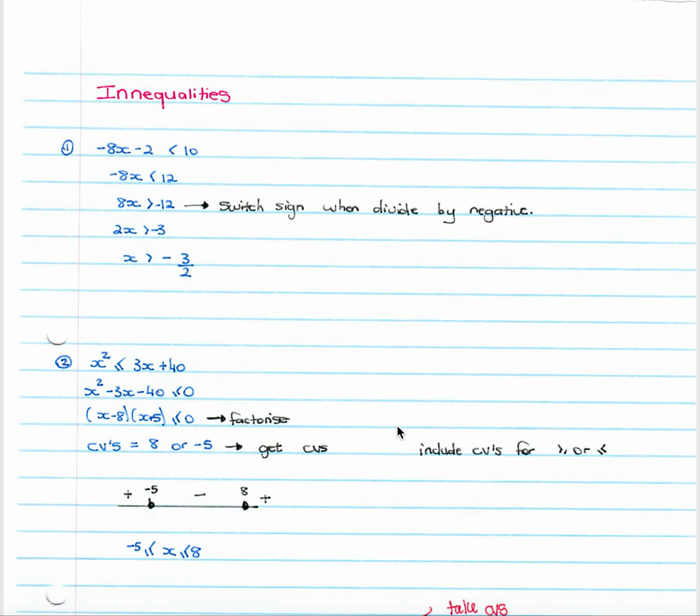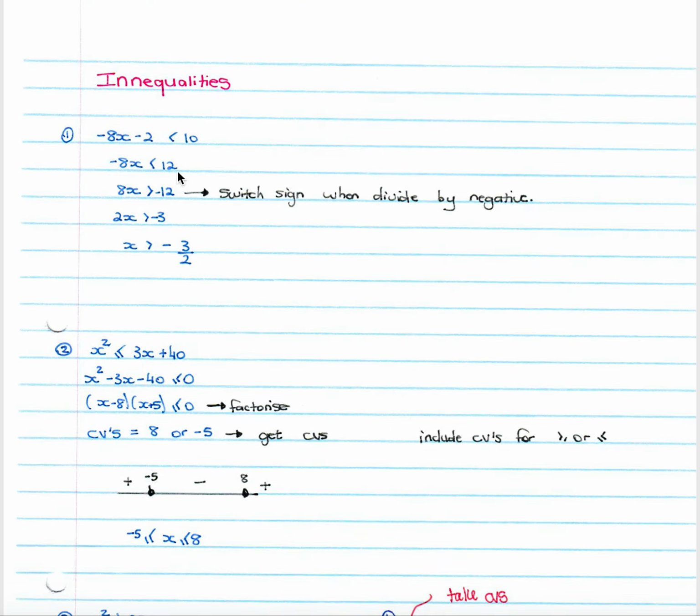Now we move on to inequalities. Here we have a simple form of an inequality. So the most basic way to do this is to get all your x terms on the left and all your constant terms on the right. And importantly, you must always remember, if you divide through by a negative, you must switch the sign of the inequality.